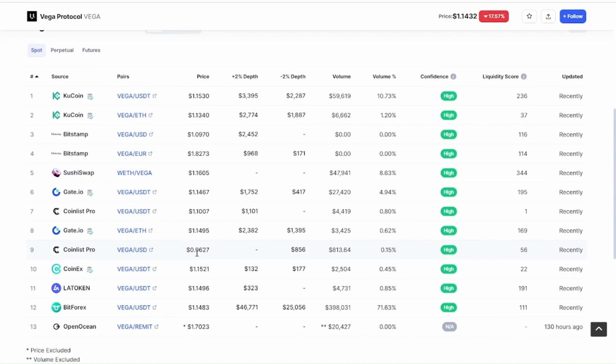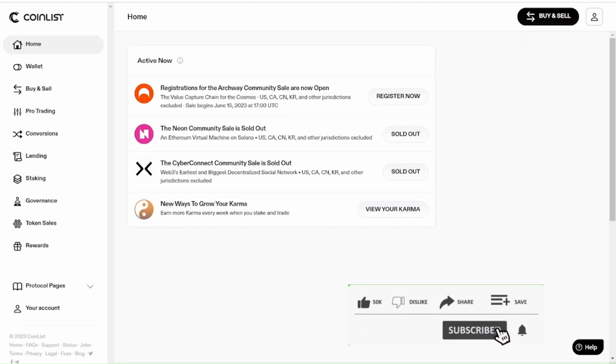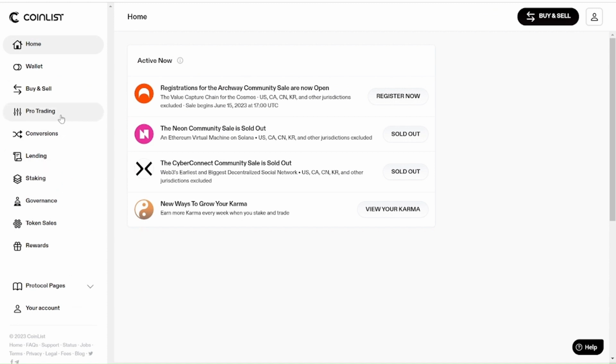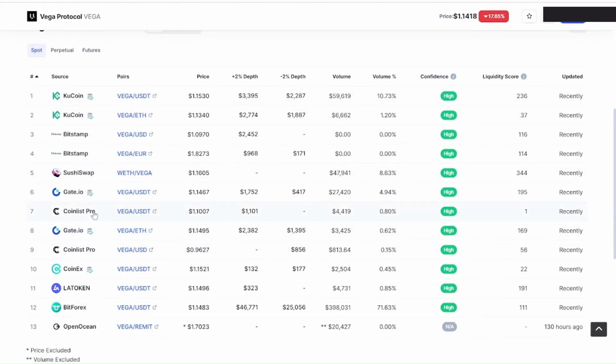And right here, I went over to my Coinlist, and I pressed this trading right here, and it's going to take me to this view over here, this Coinlist Pro. If you remember, Coinlist Pro is where you'll be able to trade.